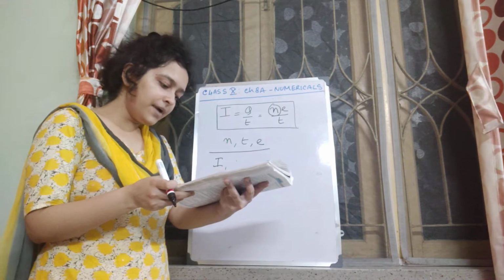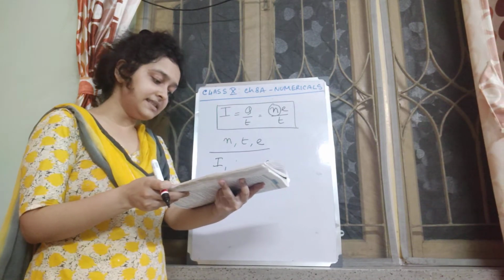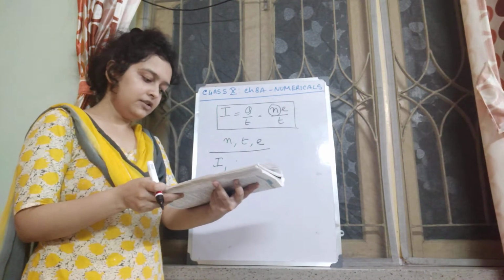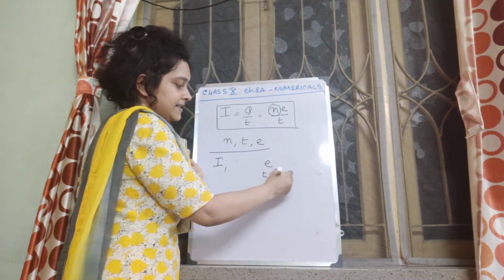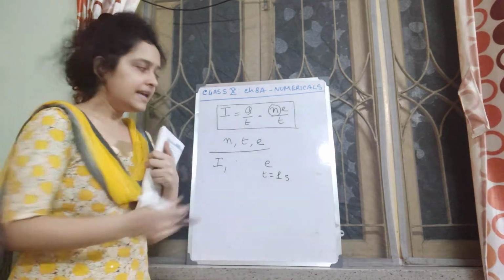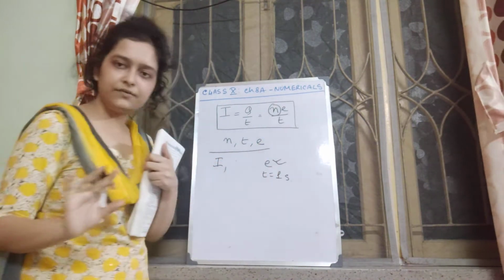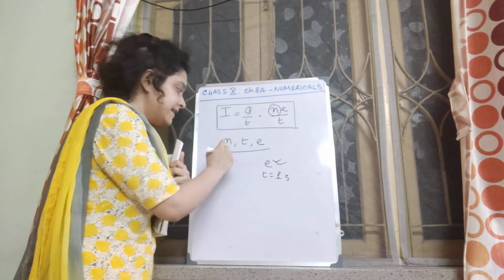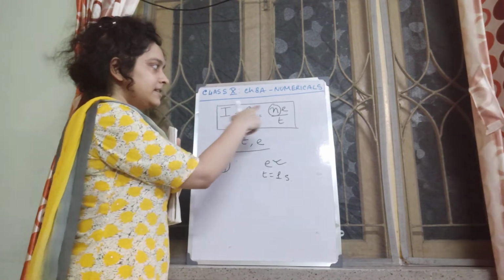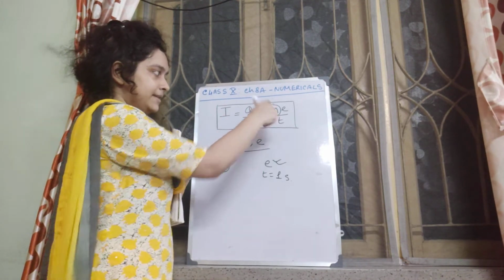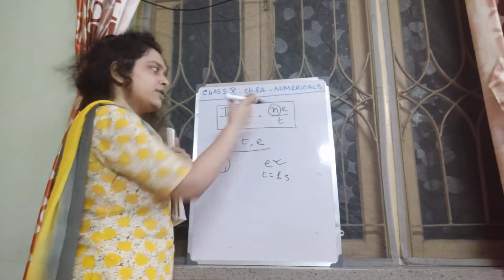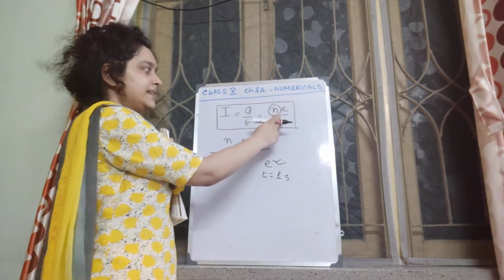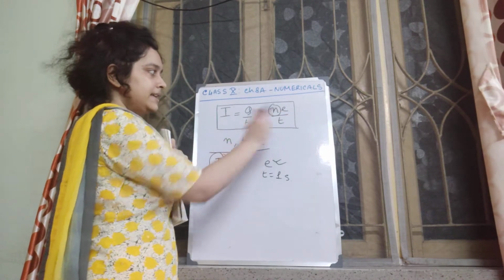Find the number of electrons that will pass each second through the cross section of that conductor. Time is therefore 1 second. E is given, standard value. Now I is given, you have to find N, the number of electrons. You can find it from I equals N into E by T, so N equals I into T by E.